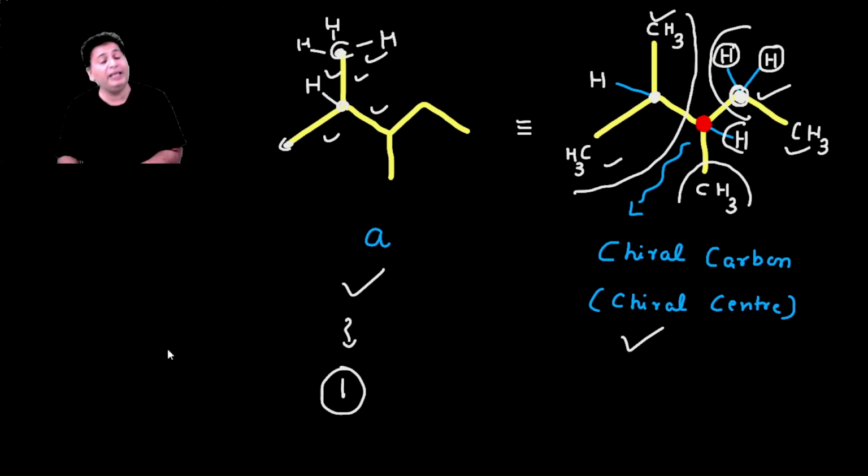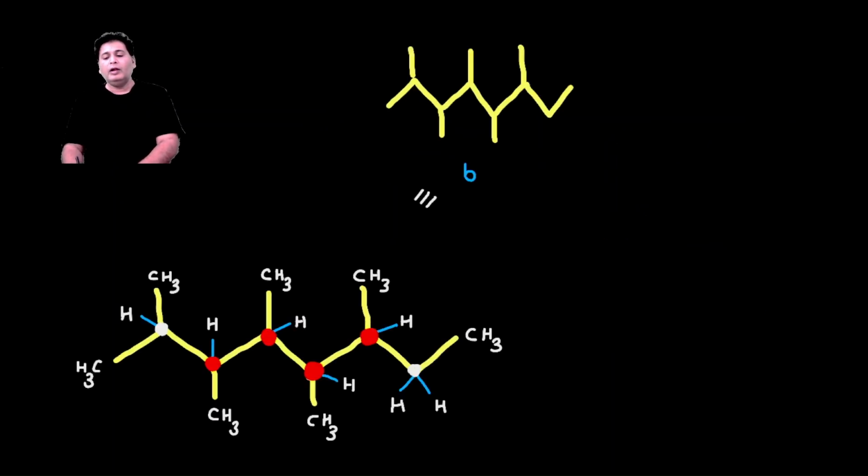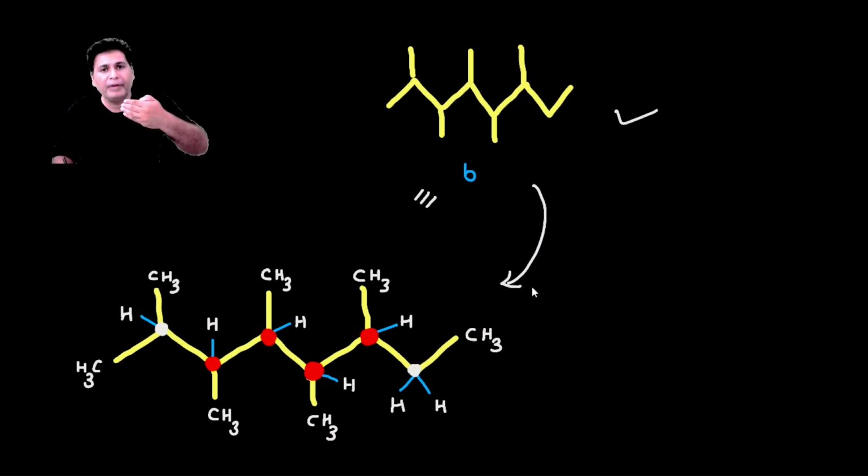Now we will see in compound number B. In compound number B, again, as you can see, we have a bond line diagram, and I will ensure that all carbons are now making 4 bonds, because then only we are going to compare it easily. Okay, so the same thing I have expressed in a more elaborate manner.